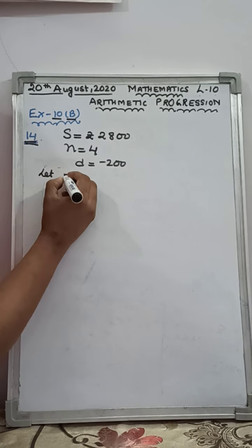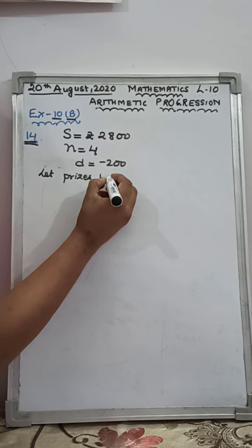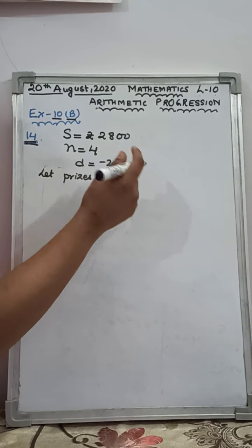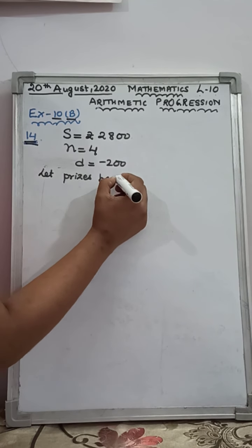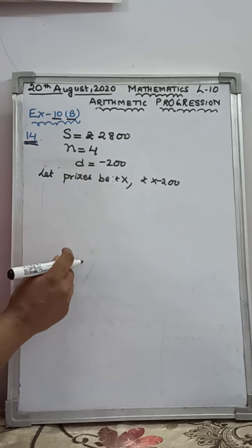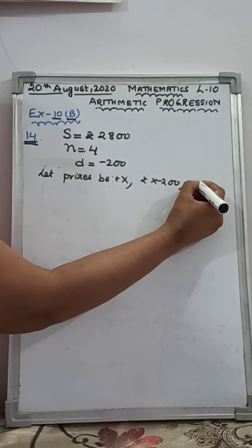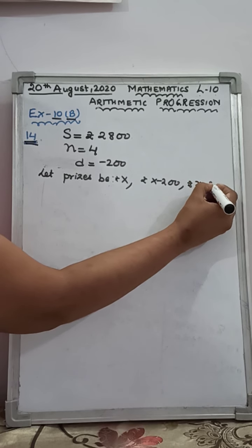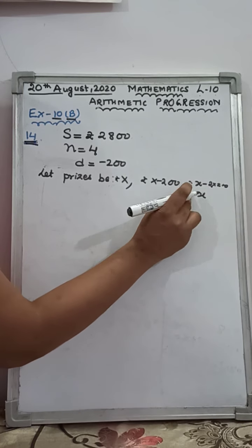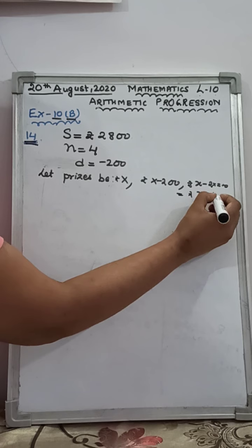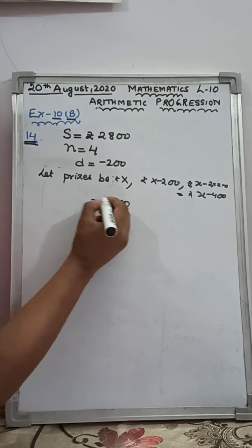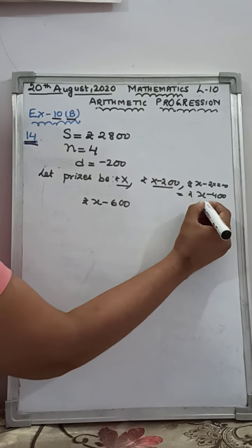So let the prizes be, first one is x, second will be 200 less, that means it is in rupees. So rupees x minus 200, second prize. Third prize will be rupees x minus 2 into 200, that will be x minus 400, and next will be x minus 600. So these are the prizes.